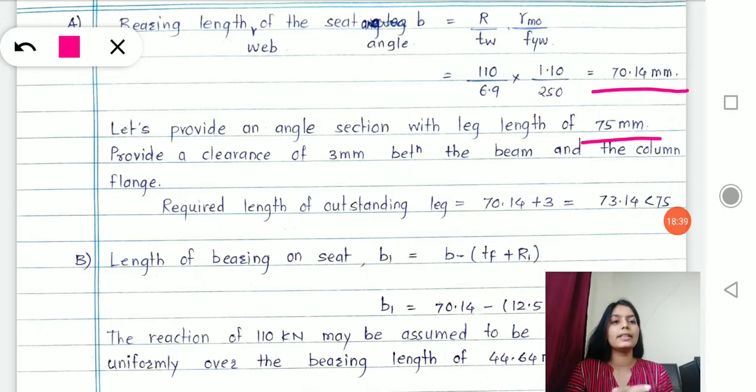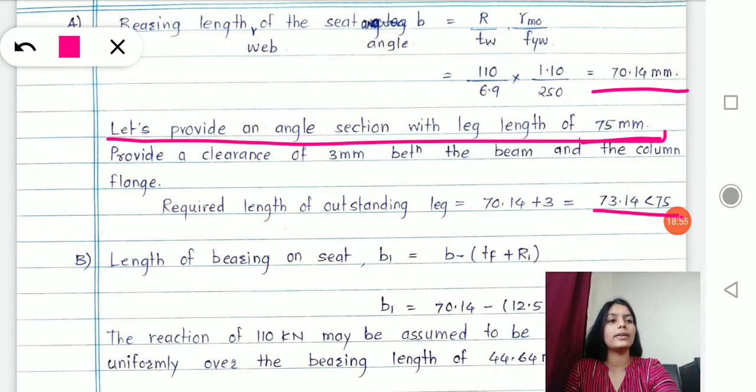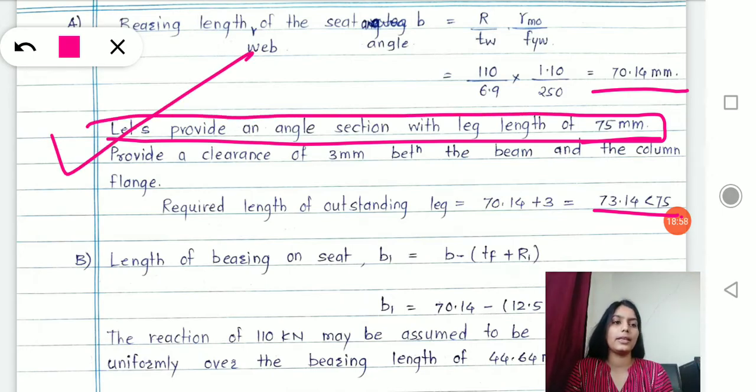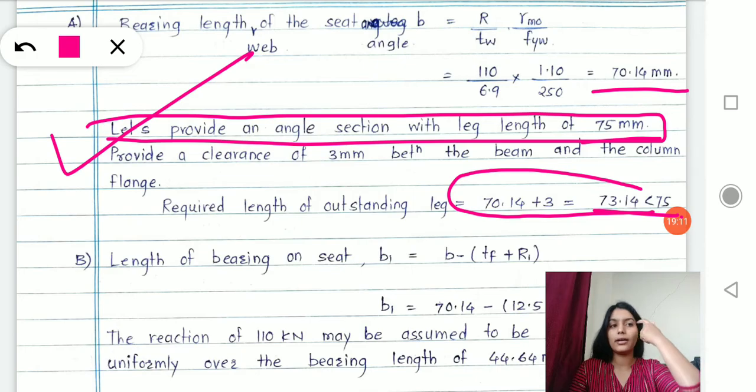Now what is the required length of outstanding leg? The required length of outstanding leg is 70.14 plus 3, which is less than 75 mm. We assume that we are providing 75 mm, and 75 mm is okay if it is greater than our requirement. Our requirement is around 73. We are providing 75. That's why it is okay.